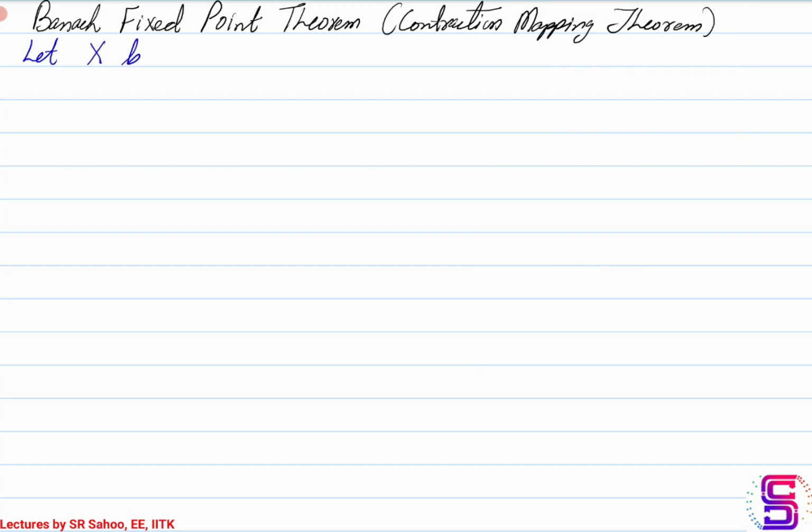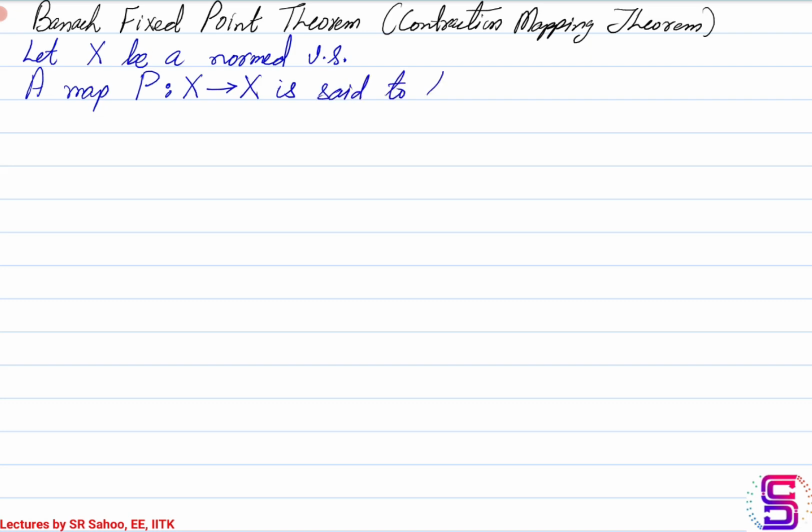Let X be a normed vector space. Map P takes a vector from X and gives you a vector in the same vector space X. This map P is said to be contractive, okay, so P is a contraction map on X, if there exists a positive finite constant rho less than 1.